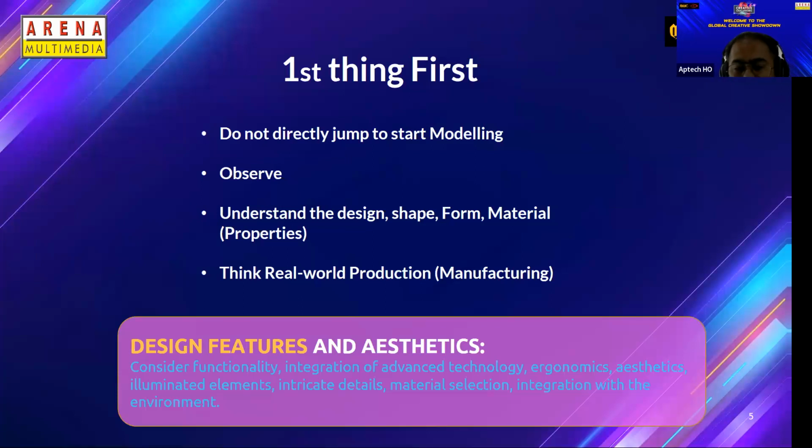That means it's turned on, off, whatever. I'm just thinking from my understanding, but individual thinking could be different. Then the most important part is ergonomics, and aesthetics. Like I already mentioned, these illuminated elements and the details, material selection, everything. Like you already know this, you can think of these particular points.